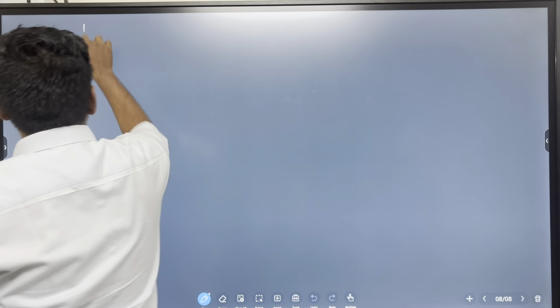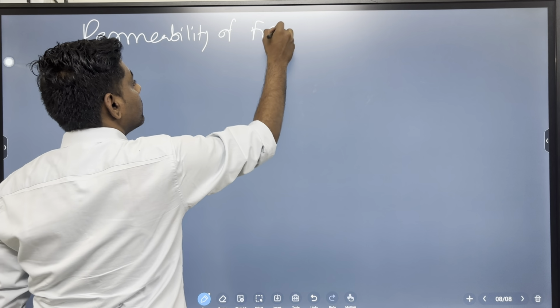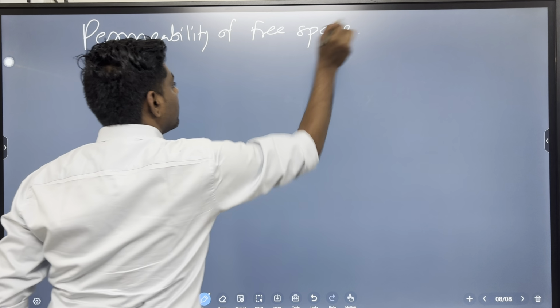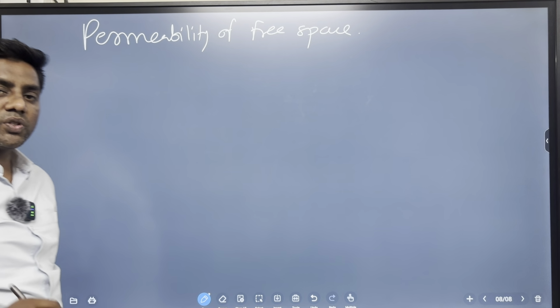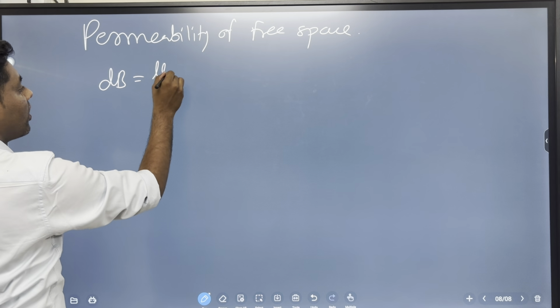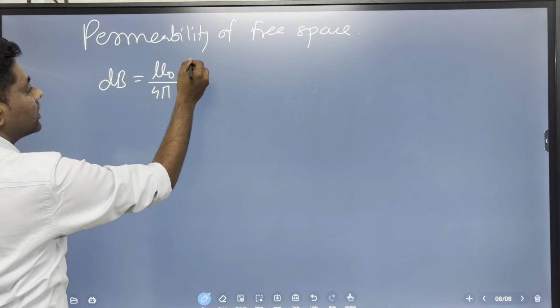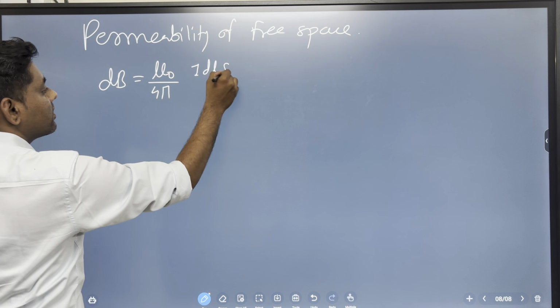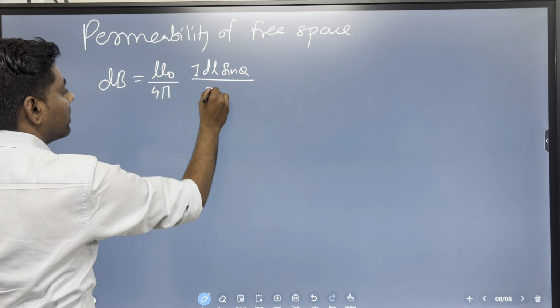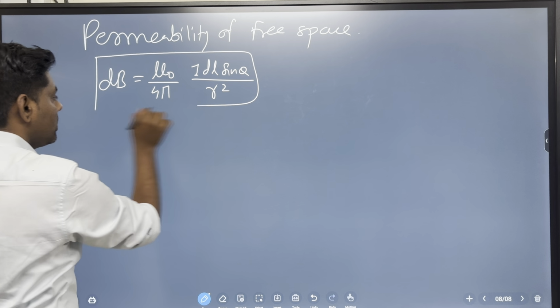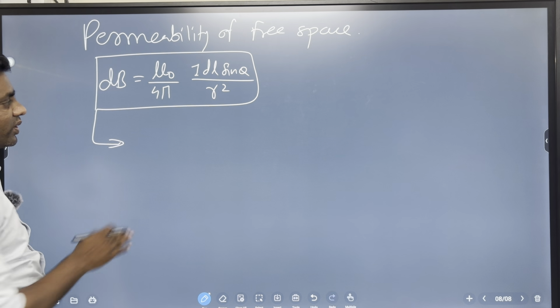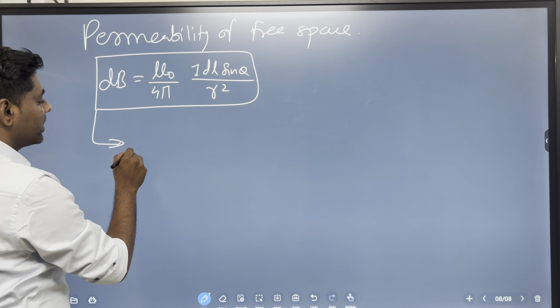For permeability of free space, in 12th we studied the Biot-Savart law, that is dB equal to mu naught upon 4 pi I dl sine theta upon r square.